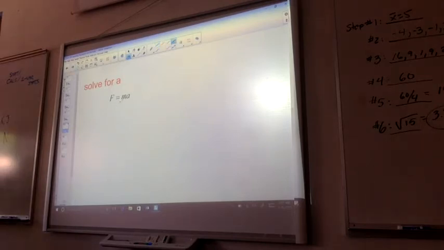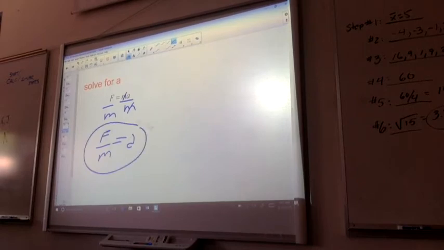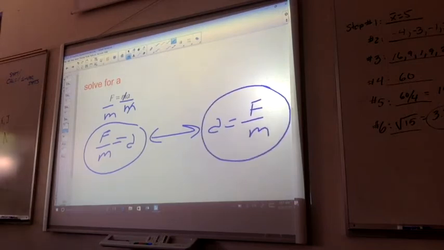Good deal. So this will cancel this, so it gives me a on this side equals F over m. Okay? Or you could write it like this. And again, your choice how you would like to write it.